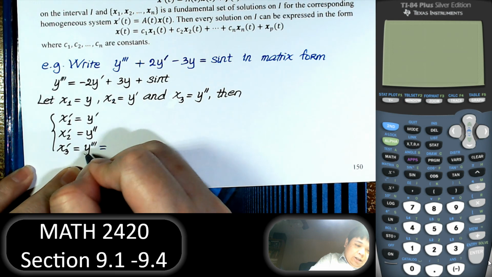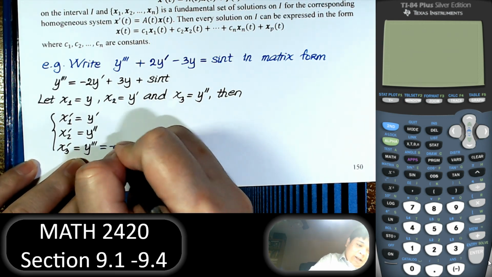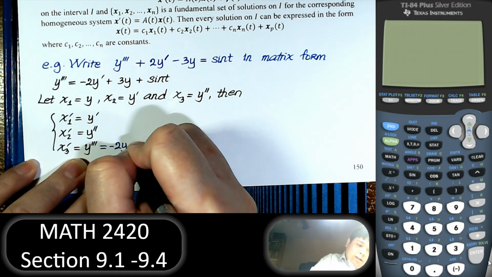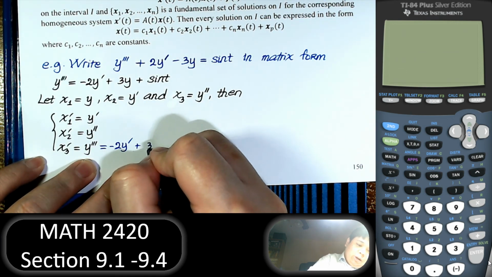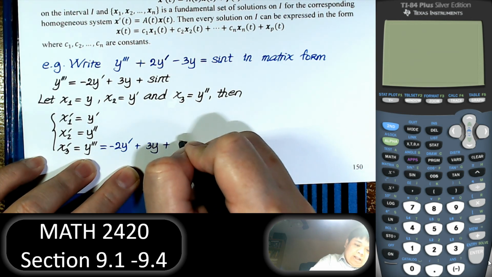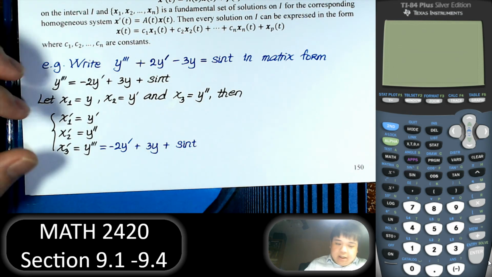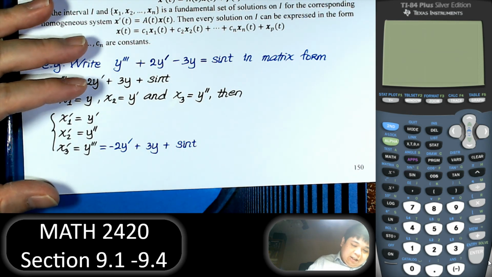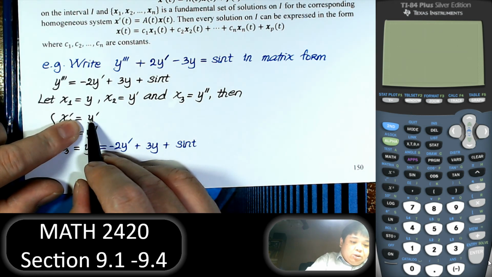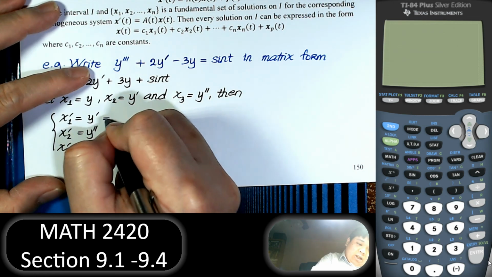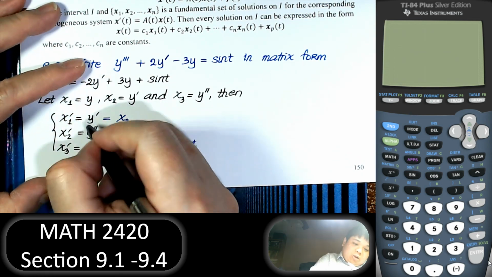The third derivative is equal to this, so I have negative 2y prime, plus 3y, and sine t. Next, y prime, if we don't want to use the derivative, is x2. Y double prime is x3.